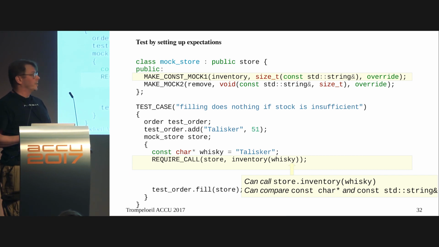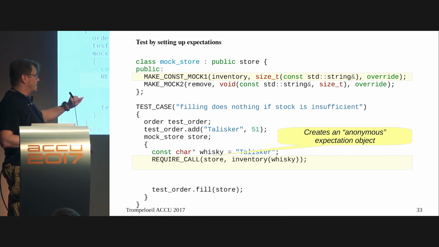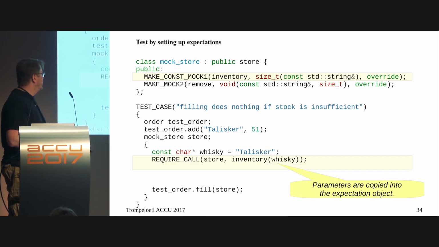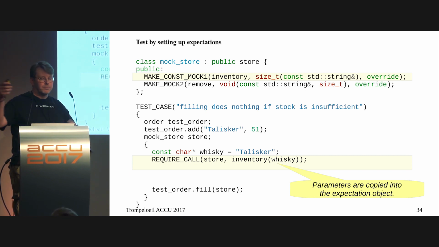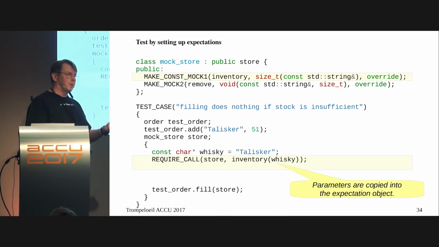This creates an anonymous expectation object. And the parameter, in this case, whiskey, is copied into this expectation object. So if you, after this, redirect this pointer to point to something else, it does not change the expectation. If you want it by reference, use std::ref. That works.